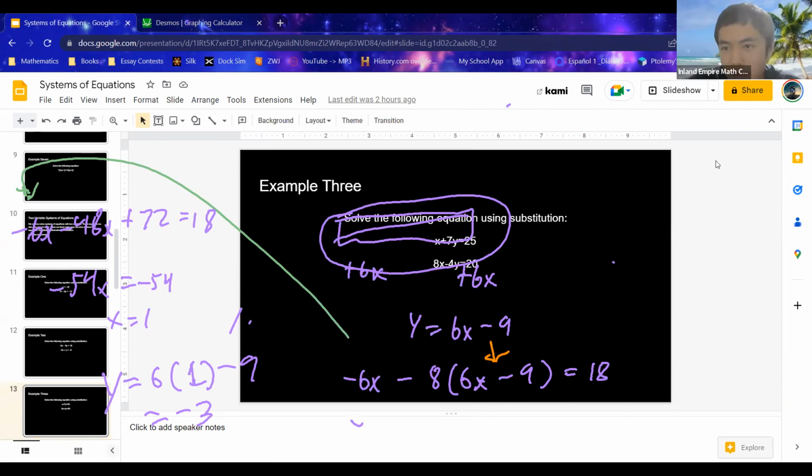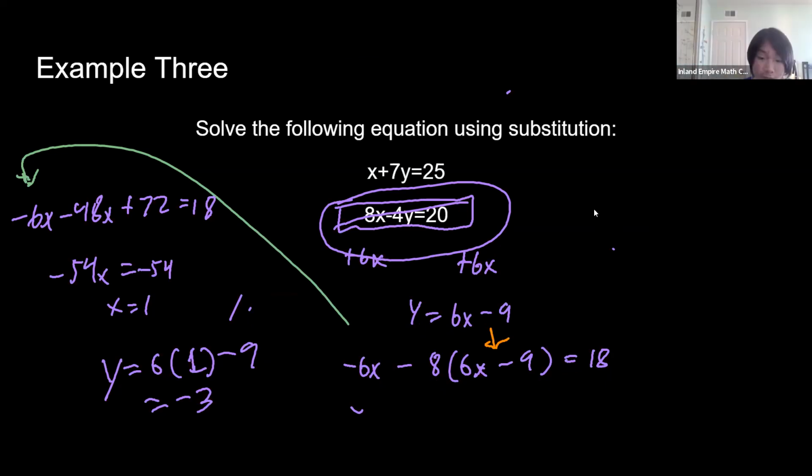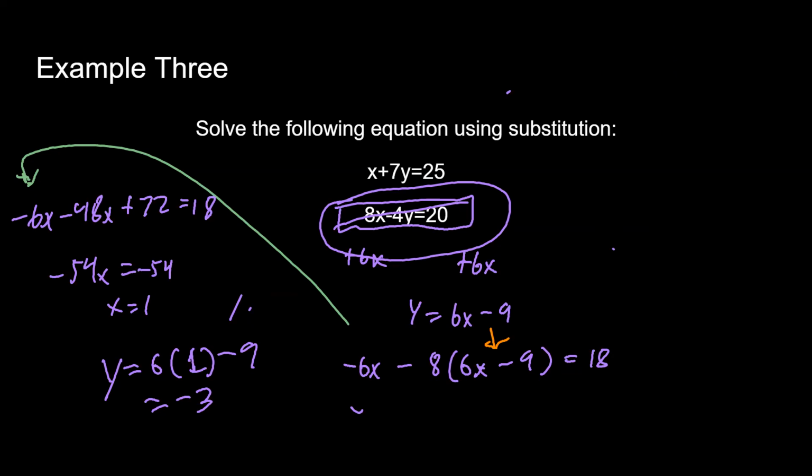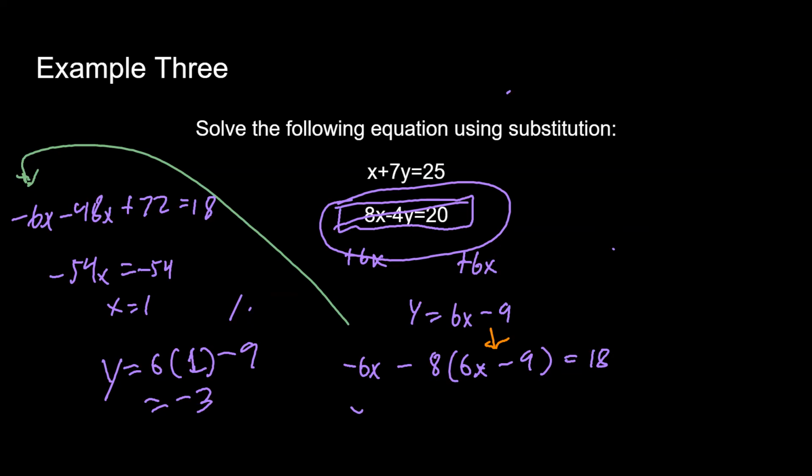Okay, apparently Google Slides doesn't let you present. Oh, here. Okay. Sorry, where on the screen? Sorry, which part were you confused about? The -6x minus 8. Oh, how he got there? Yeah, equals 18.